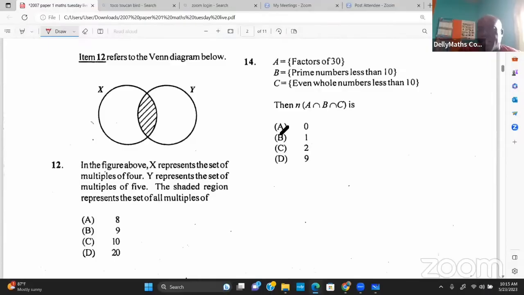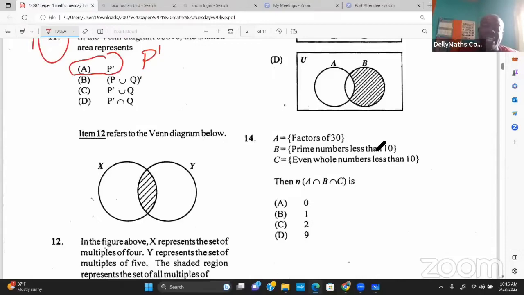Let's look at number 14. Number 14 says set A is the factors of 30, B is the prime numbers less than 10, and C is the even numbers less than 10. And then we're going to be looking at an idea that is included in all. You could write down the factors of 30 right here.